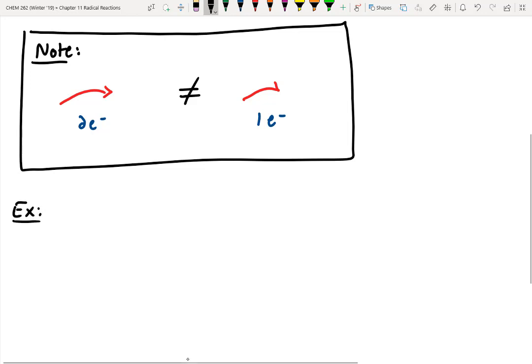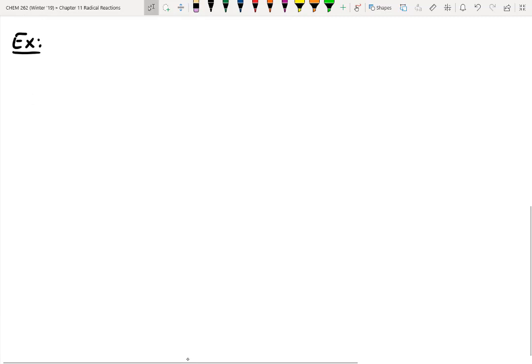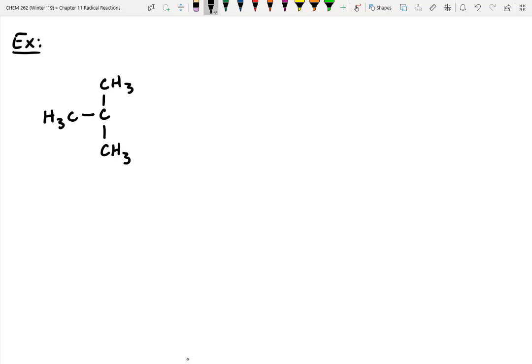And we'll do homolytic cleavage. In this example, I'm going to take the central carbon with 3 methyl groups on it and a halogen. I'm just going to call this X. And we're going to do a homolytic cleavage of that bond to the halogen.